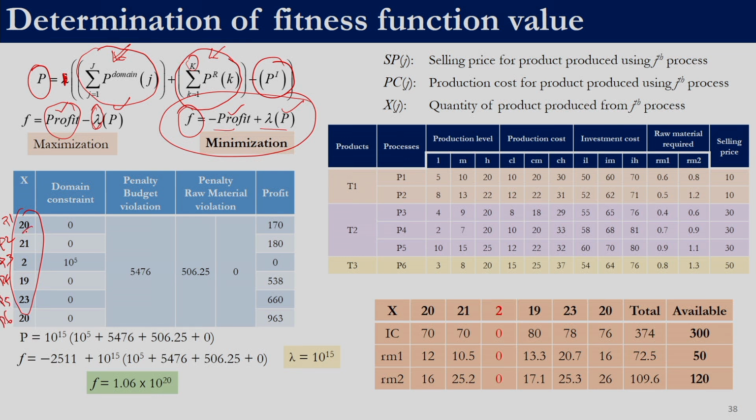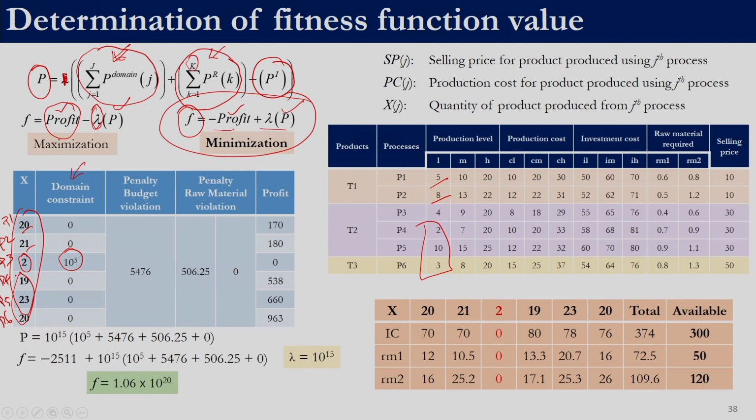Now, if we compare 20 with this data, it is not violating the domain constraint. Similarly, this is not violating the domain constraint. This one violates the domain constraint, so we have a penalty of 10 power 5. These three values do not violate their lower-level production, so no penalty. This is the penalty incurred for the domain constraint.